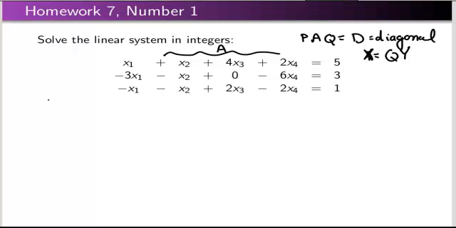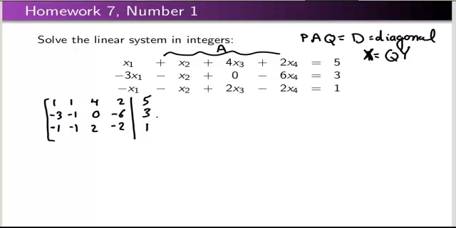Okay, so A is the coefficient matrix, so let's write that down. 1, 1, 4, 2. And you'll have 5, and then -3, -1, 0, -6, 3. -1, -1, 2, -2, 1.